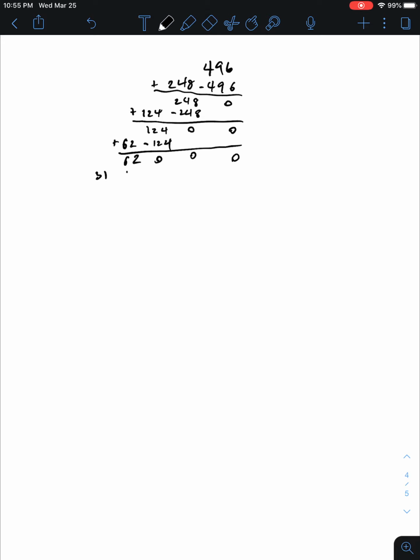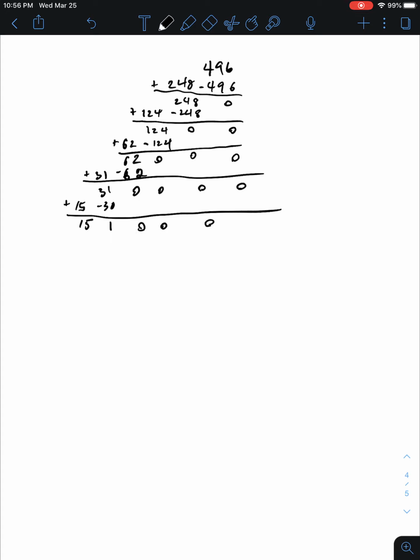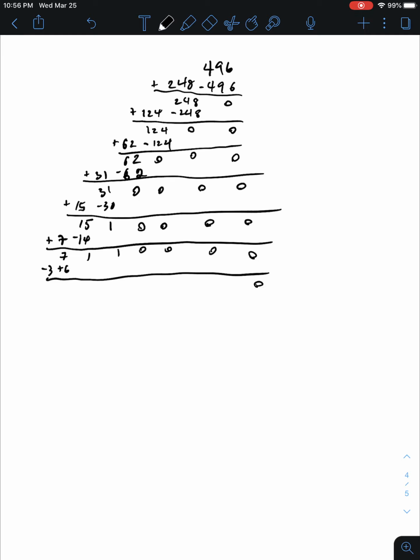Divide that by 2, I get 31. 31 divided by 2, I get 15. Divided by 2 is 7. I got 3. Get 1.